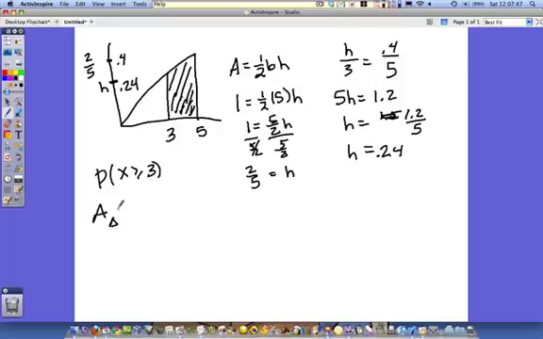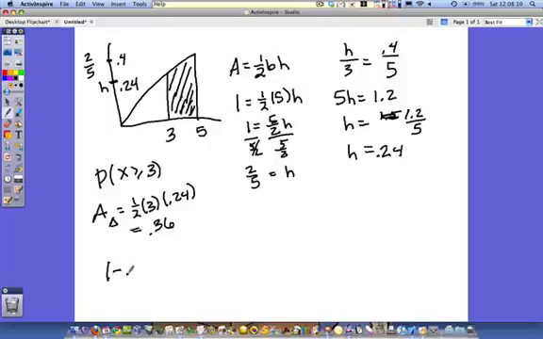So area of the triangle is equal to 1/2 base times height. Okay? And then if I multiply all that out, 0.24 times 3 divided by 2 is 0.36. And so the probability of being here is 0.36.